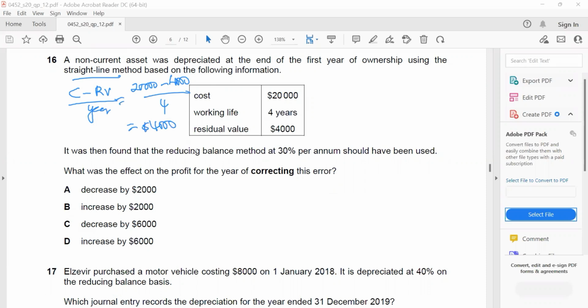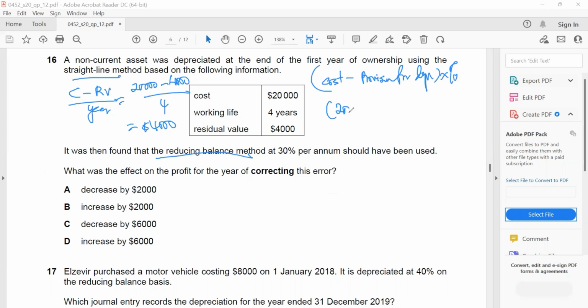It was then found that the reducing balance method at 30% per annum should have been used. So in this case, we change it. The formula for reducing balance is the cost minus the provision for depreciation, and then times the percentage.